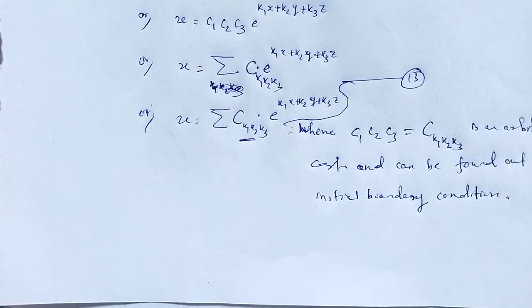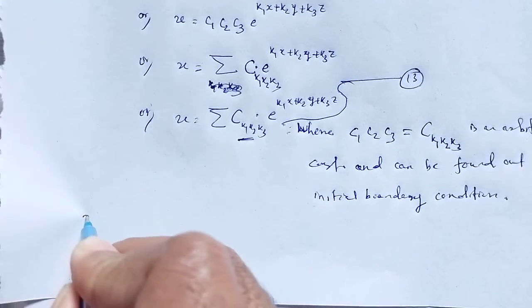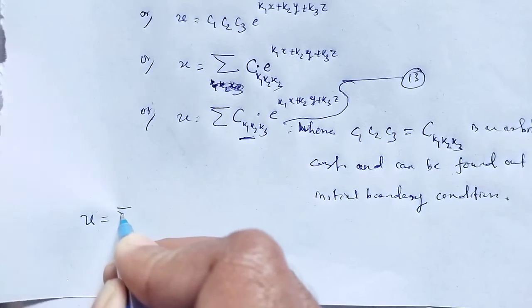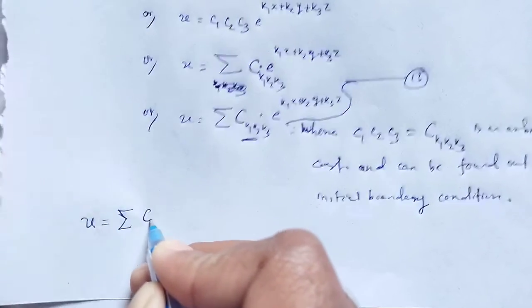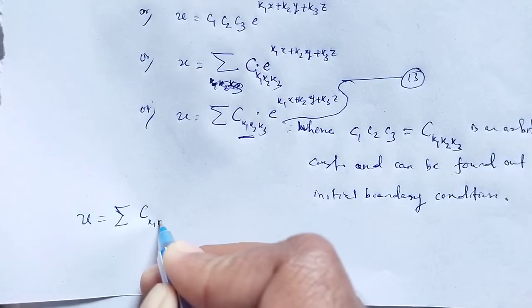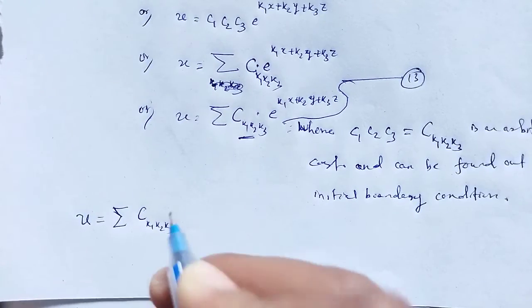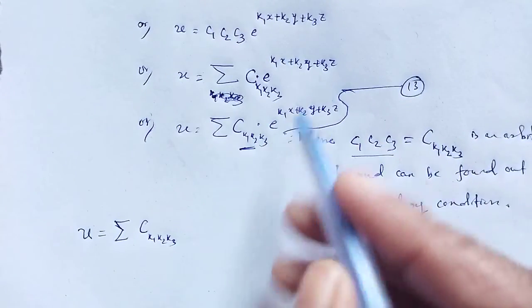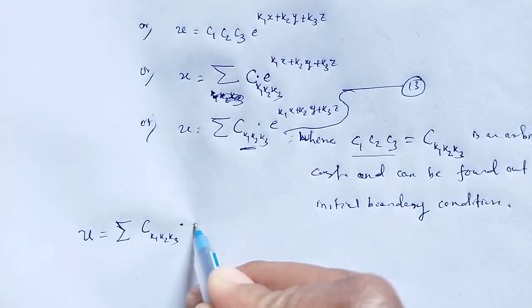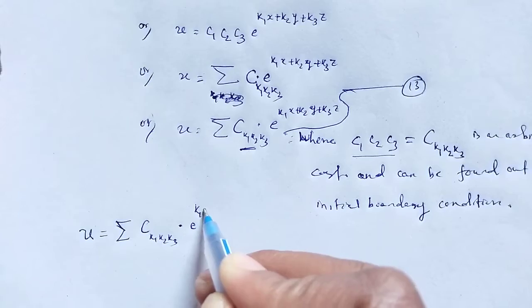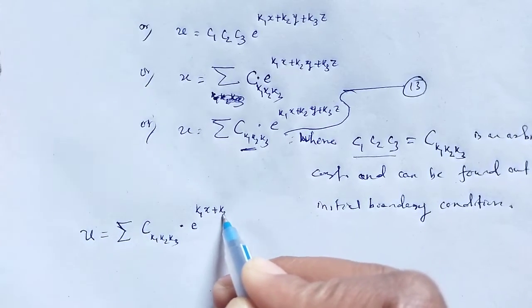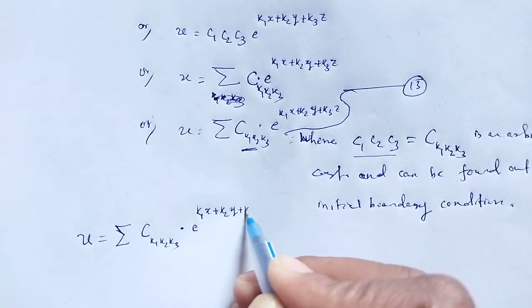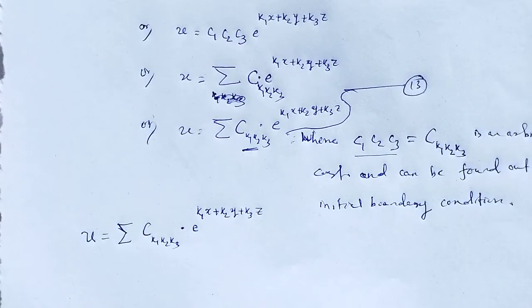This is the solution, that is U is equal to summation over C of K1, K2, K3, that is nothing but C1, C2, C3, into e to the power K1 x plus K2 y plus K3 z.